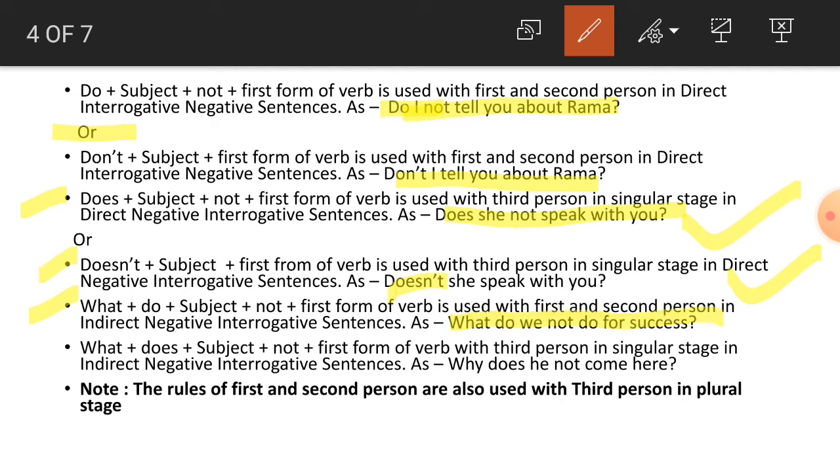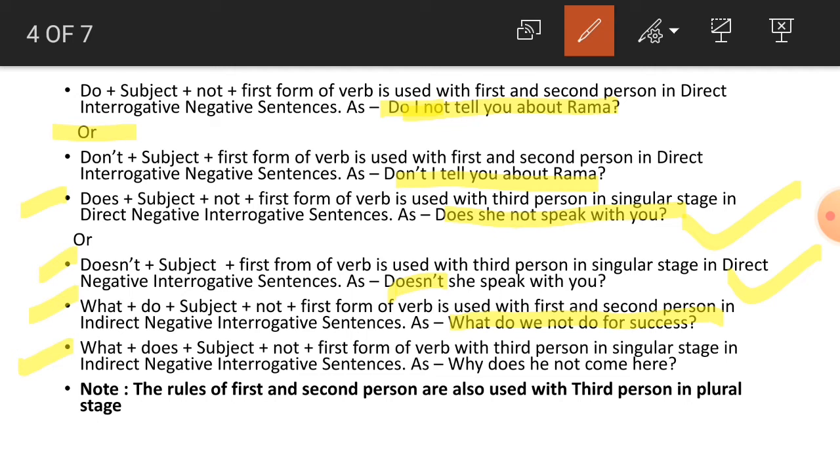Yes, students, here you can check after the subject there is not, but don't try to combine do plus not. Don't here is not adequate. I think it looks odd. So no need to combine.